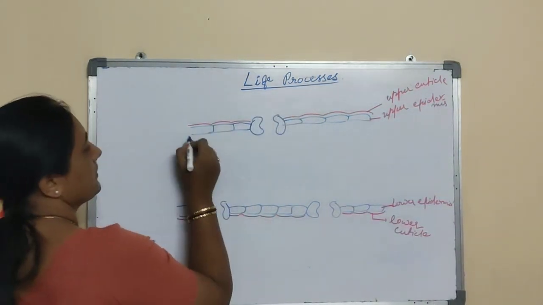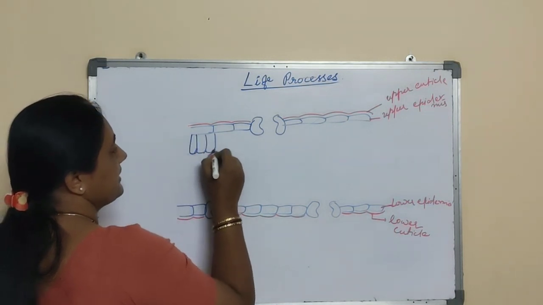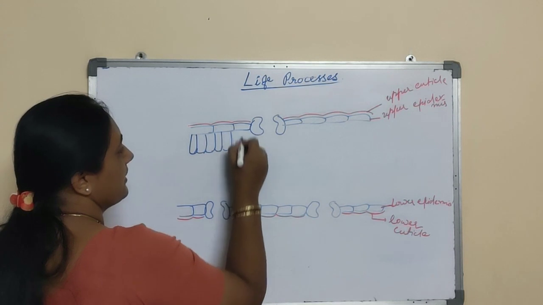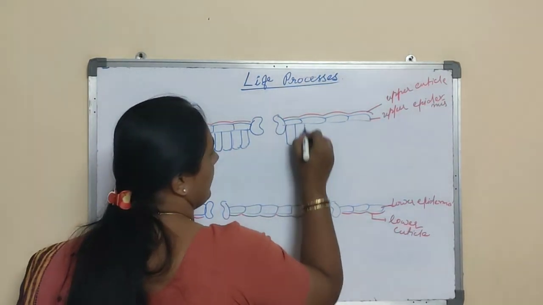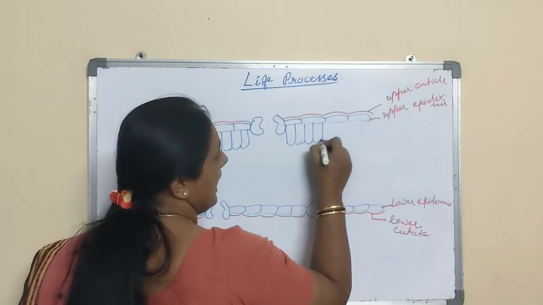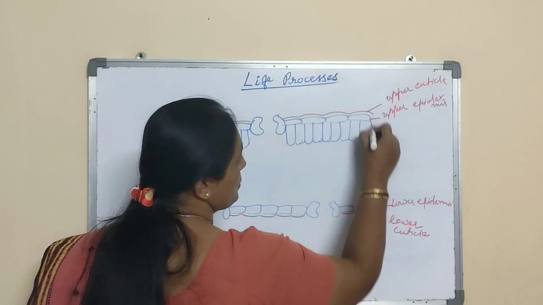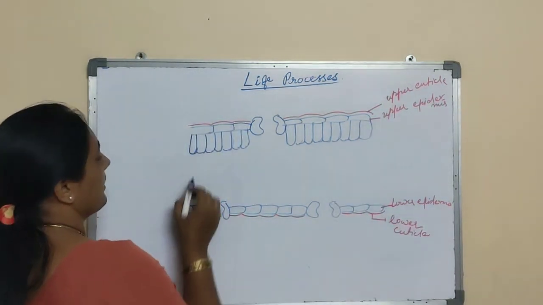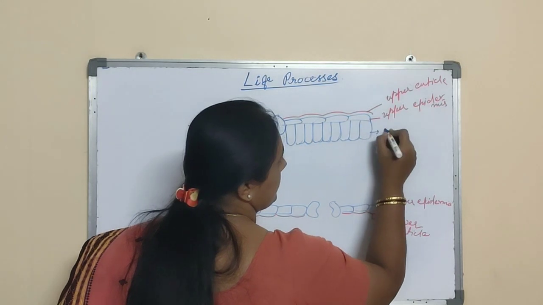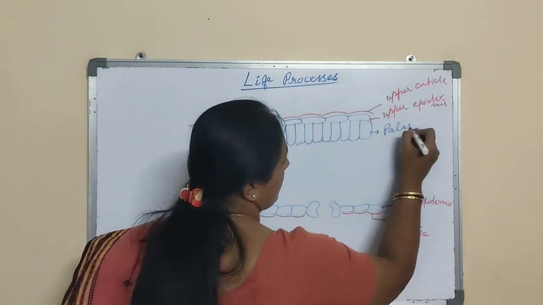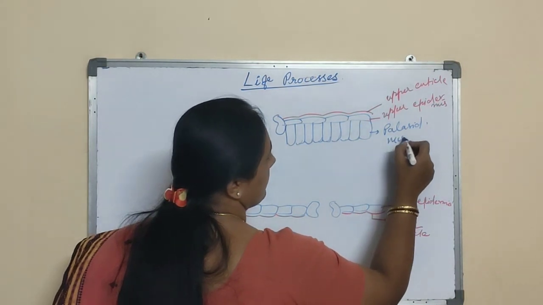Inside this, there are different cells, and these cells are mesophyll cells. These mesophyll cells are of two types. Some are elongated, and that is called the palisade mesophyll cell.